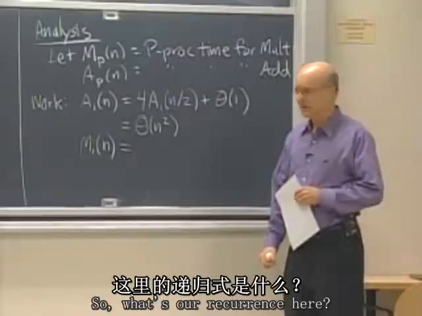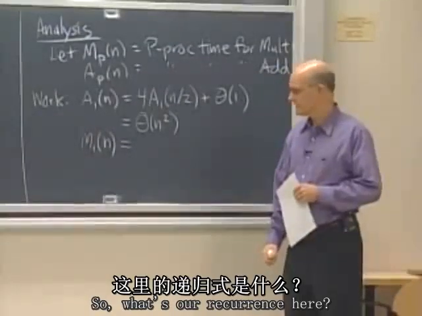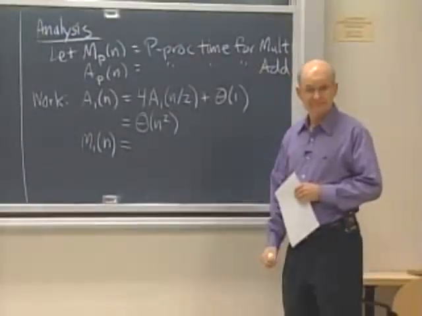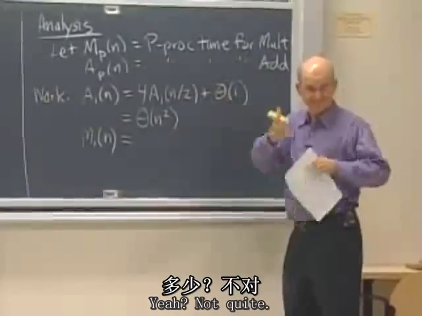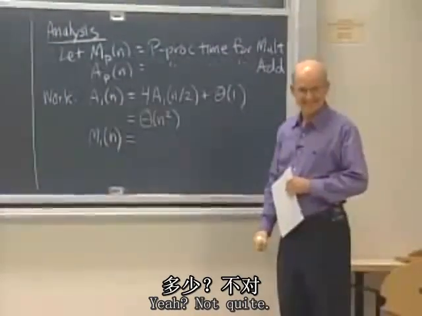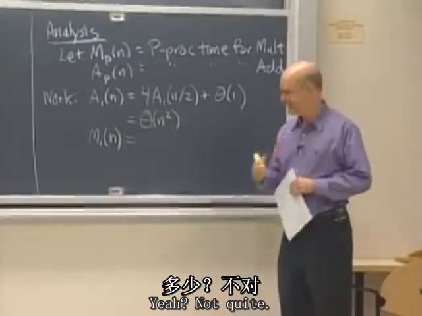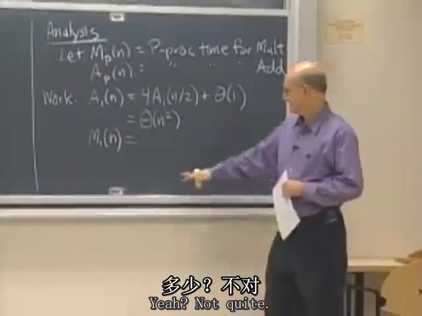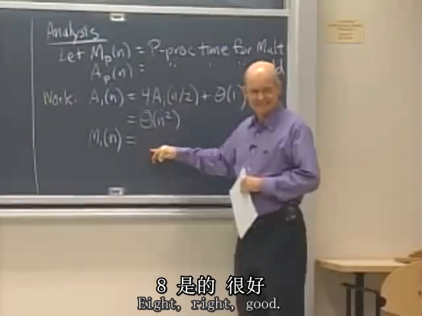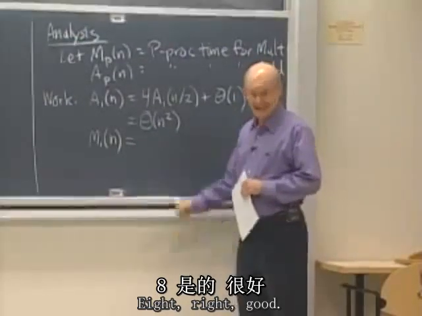So what's our recurrence here? Yeah? 4 and 1 n over 2. Not quite. 8, right. Good.